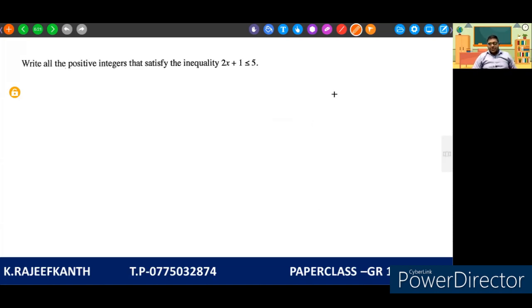So first you have to solve this inequality. After solving that, you can find the solution of this inequality and write the suitable solutions, right?